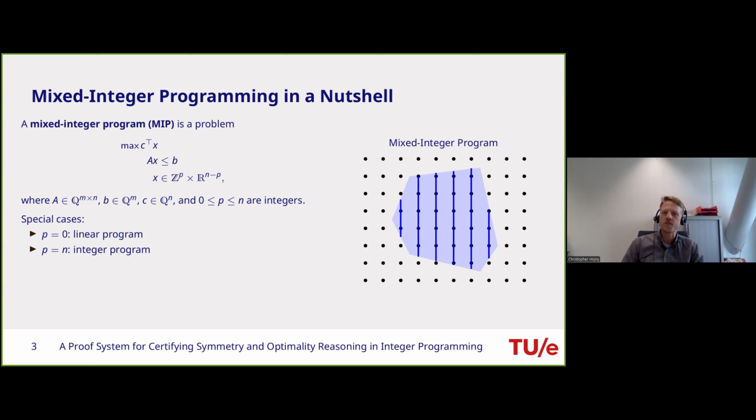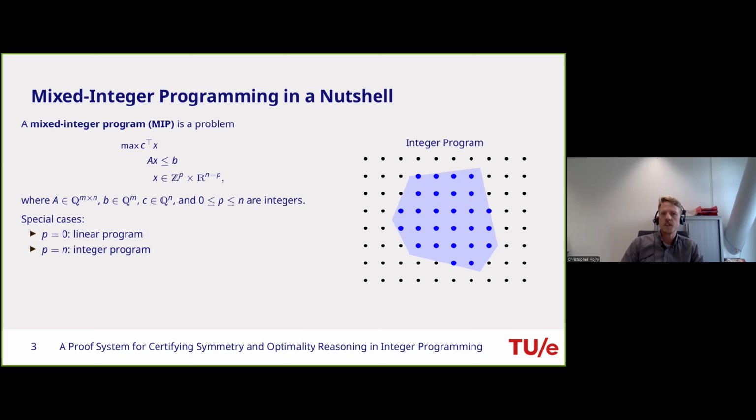And in this case, not the entire blue region is the feasible region, but only some fibers along integer points, so the vertical dark blue lines. And in case that we're only interested in full integer solutions, so we don't have any continuous solutions at all, then we're interested in finding an integer vector inside this polyhedron that maximizes the objective function.